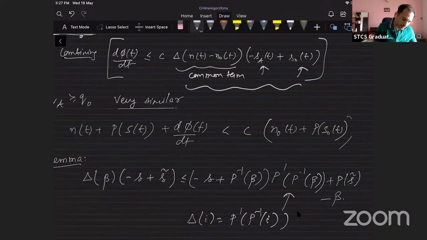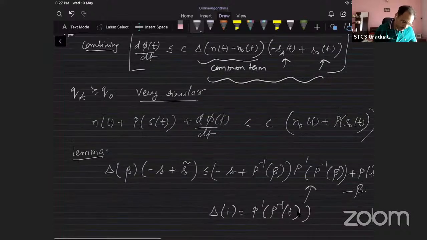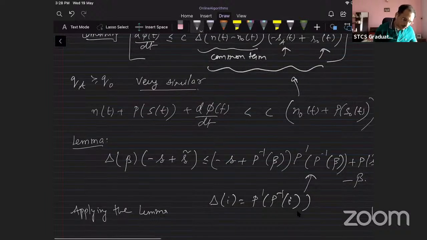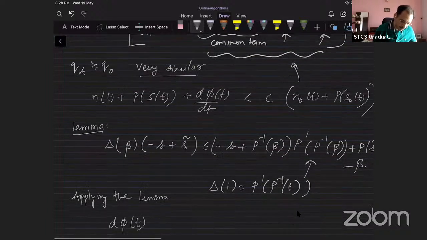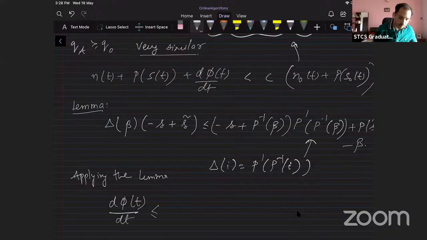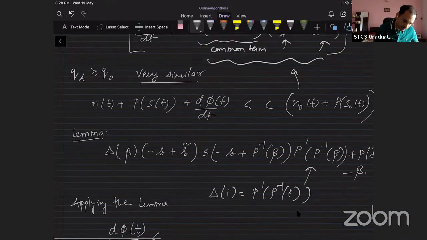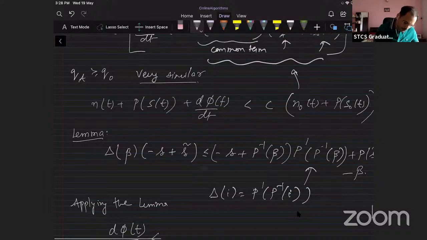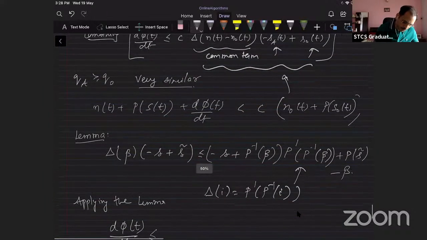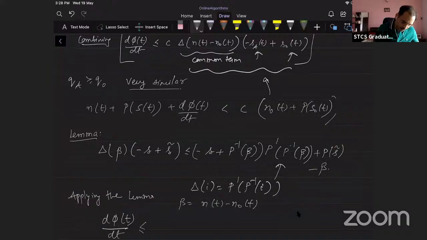So applying the lemma here, what can we say? That d phi by dt is at most. So remember, just look at the terms. My beta is equal to n of t minus n0 of t. This is how I'm applying. And minus s is equal to minus sa of t, and s tilde is equal to s0 of t. So that is what I'm applying this lemma over.